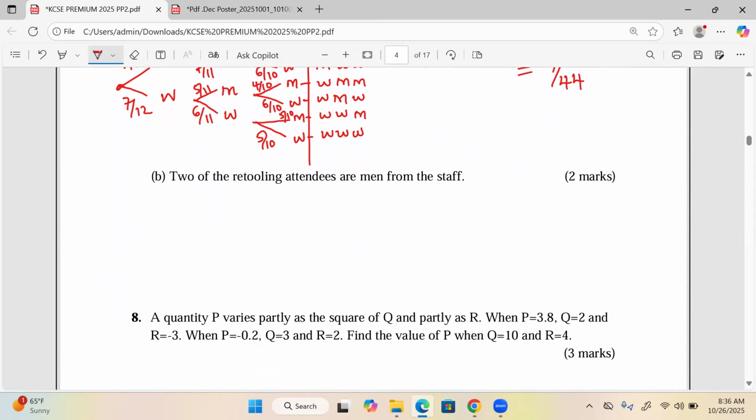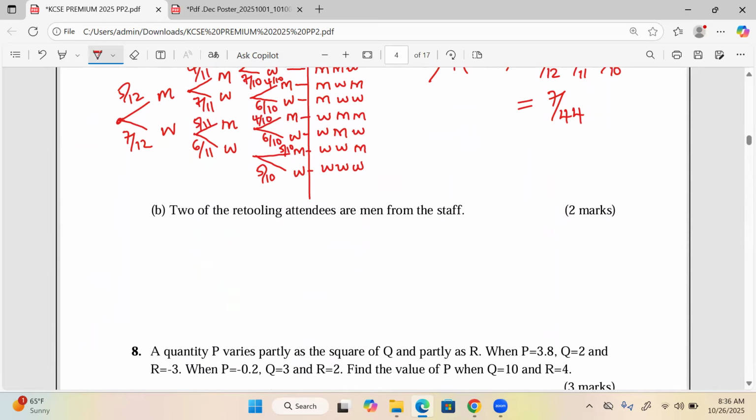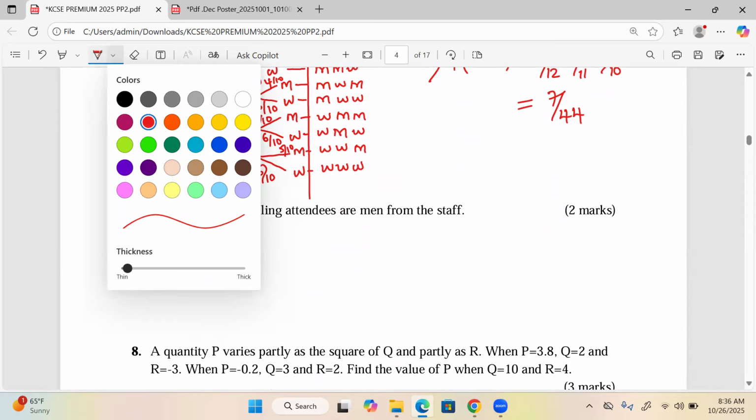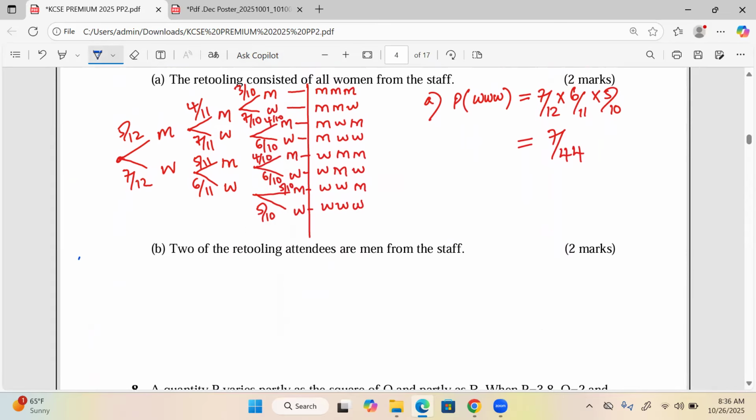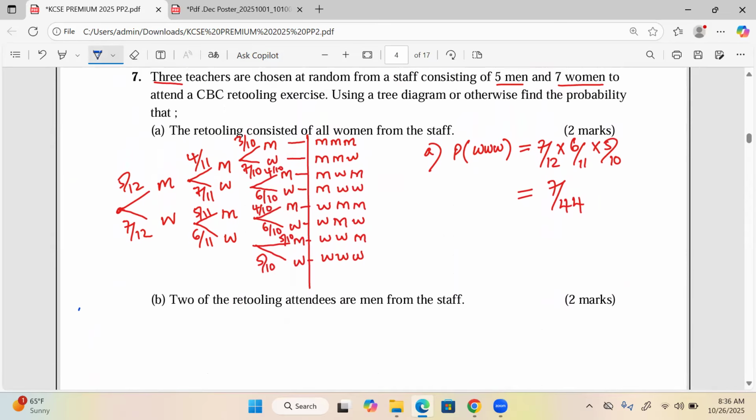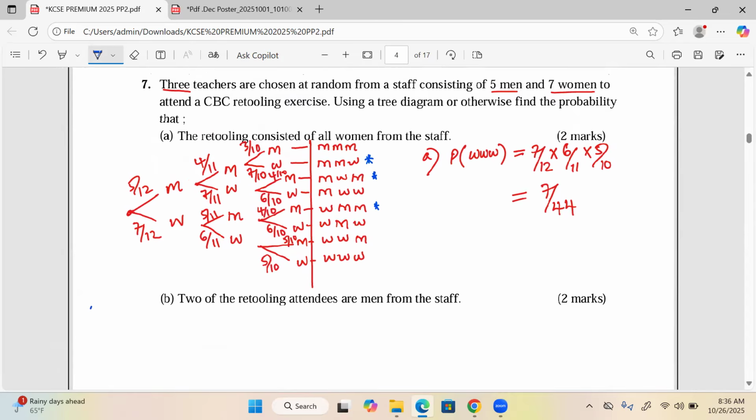Part B. 2 of the retooling attendees are men. Probability that we have 2 men. For us to get 2 men, we need a chance like this one: man, man, then woman. Or man, woman, then man again. Or this one. The chances where men are 2, they are only those ones.